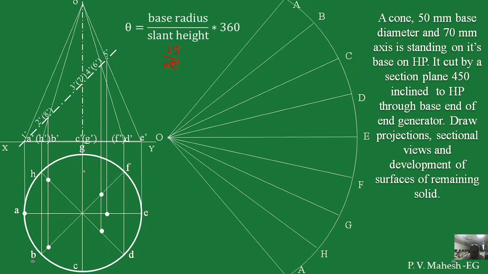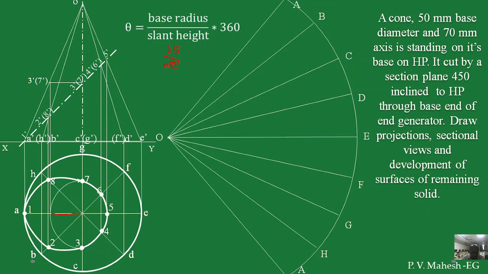Since this generator is perpendicular, the top view is perpendicular, so I have to draw a line like this and then drop a projection, and with this distance as radius and this point as center, I will draw an arc. If I draw the arc like this, I will get 2 points, these are 3 and 7. Now once I get all these points, if I join, then this is the top view of the frustum of the cone.